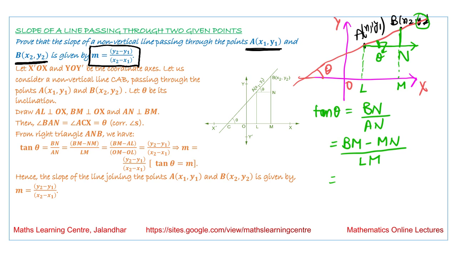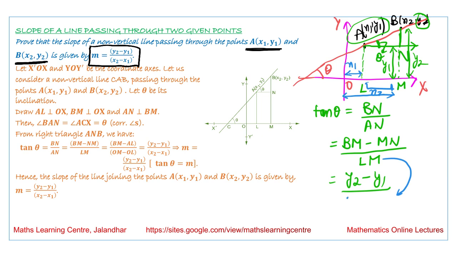This is y2, which means this complete height is y2, BM, and MN is this height, which is y1, divided by the length LM. This complete length is x2, and this length is x1, so in place of LM we write x2 minus x1.